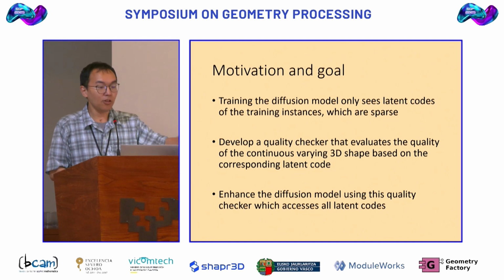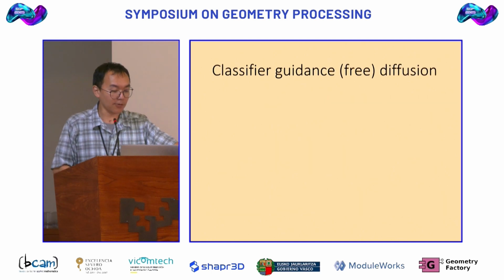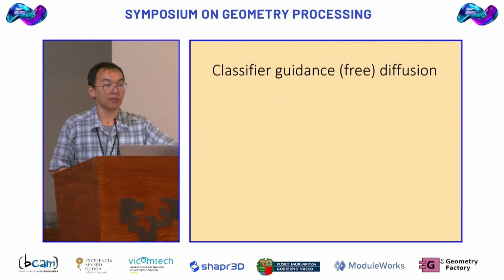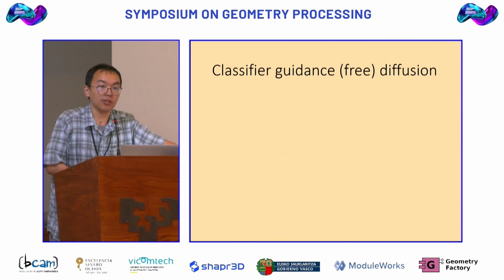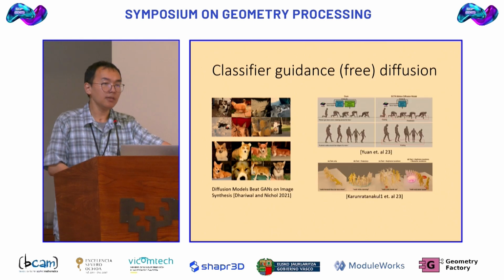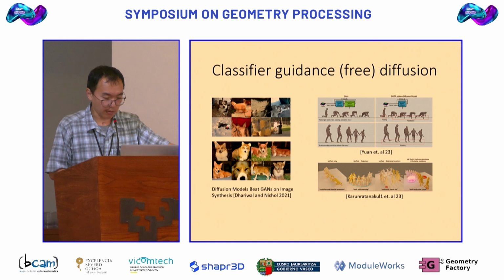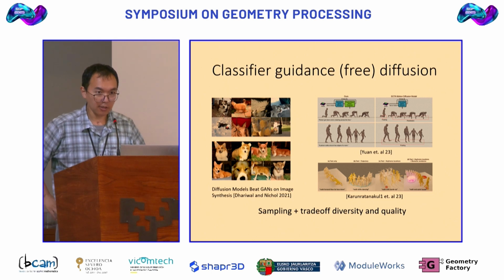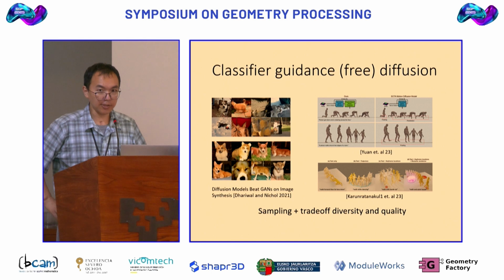Now, you may say that this is relevant to classifier guidance or classifier-free diffusion, which are widely used in image generative models. There are two distinctions. Number one, that is used in the sampling procedure. You are not improving the noise network. You just avoid sampling those shapes during the sampling procedure.